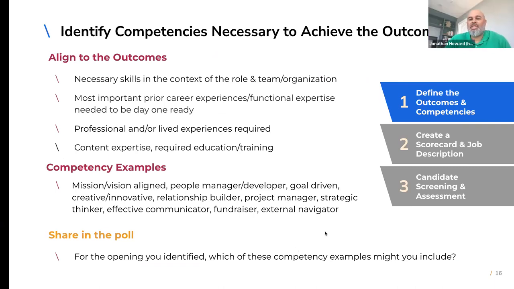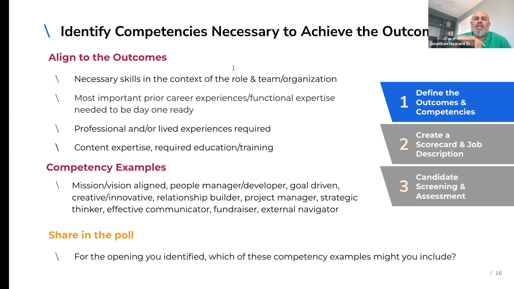All right, and the last piece of this, right? So you've come up with your outcomes, your core responsibilities, and your role mission. The last thing you need to do is think about the competencies that are necessary to achieve the outcomes. These things are all related and will come out at different times, but you do want to spend time thinking about each of them explicitly.